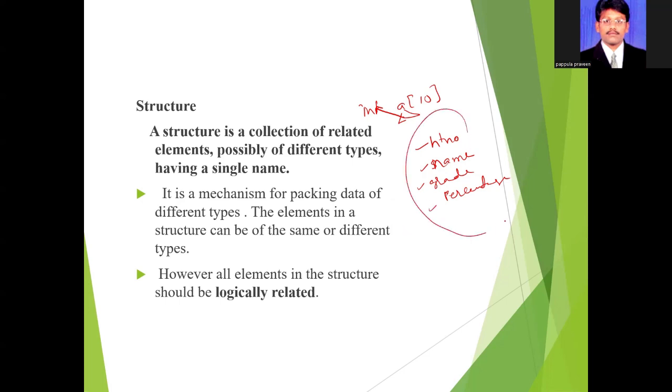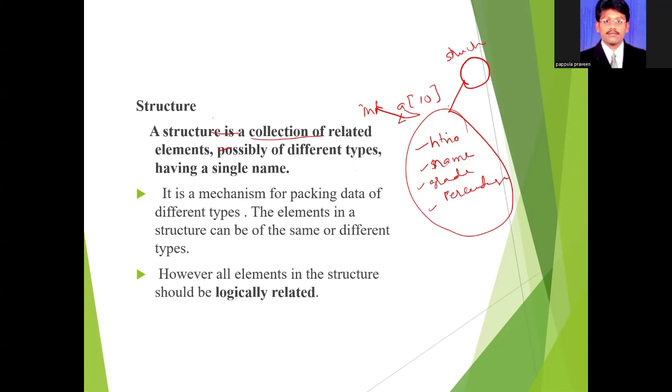Now these are all written in a single block. That block is called the structure. A structure is a collection of similar or dissimilar elements, as you wish. Most of the time we take dissimilar elements, right? A collection of related elements, possibly of different types, having a single name.